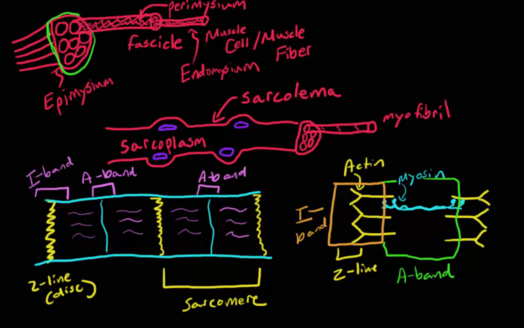So let's call the perimysium blue. This perimysium is going to surround, interconnect and tie in all these fascicles. So in this case, this blue, this is the perimysium.